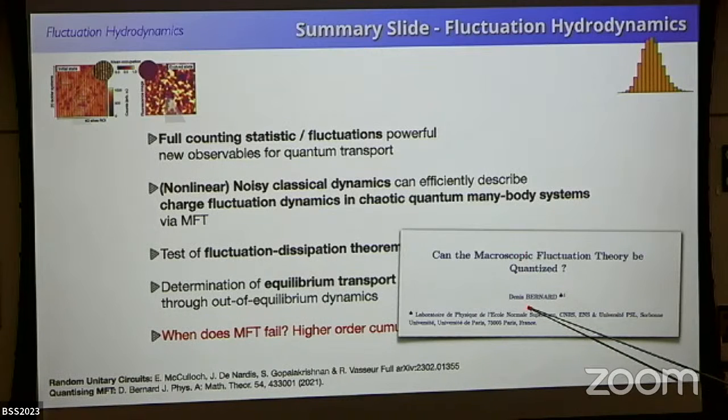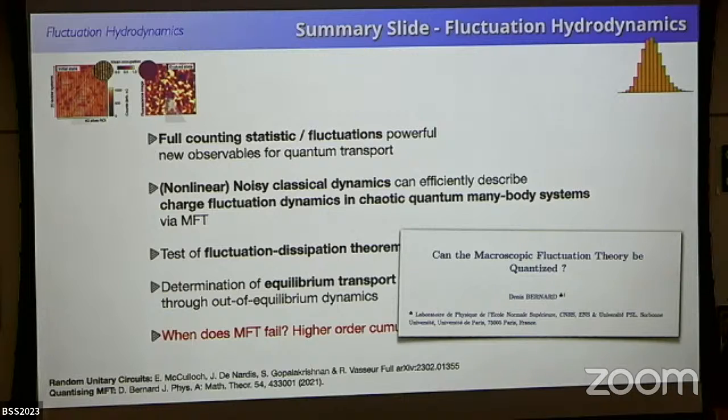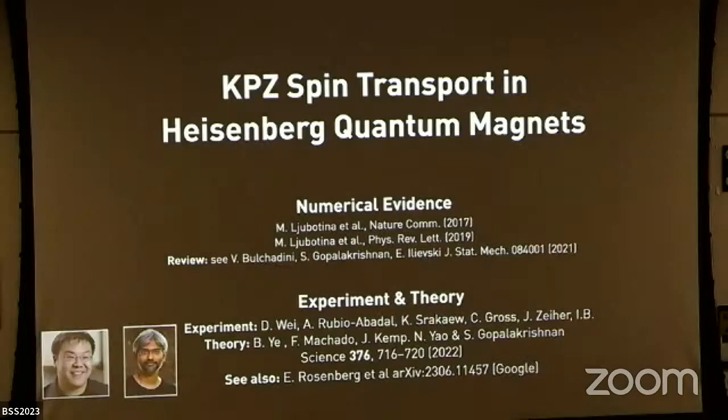Here's a prominent person, Denis Bernard from École Normale Supérieure in Paris, who's really thinking about quantizing this description. I think it's very nice because it tries to bring a universal effective approach to describing quantum dynamics of certain observables in a unified way. And I think that's really gaining new insight into what's happening in these systems.